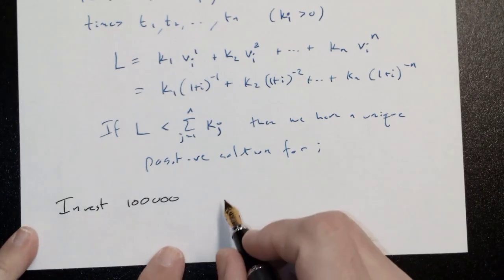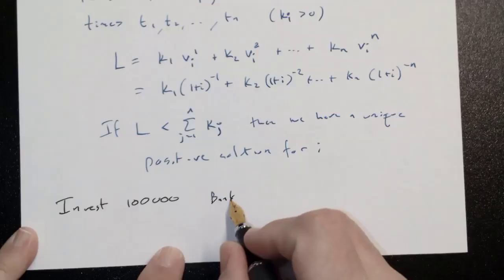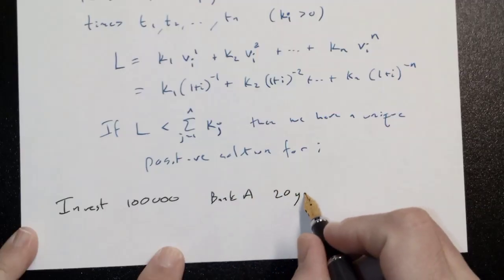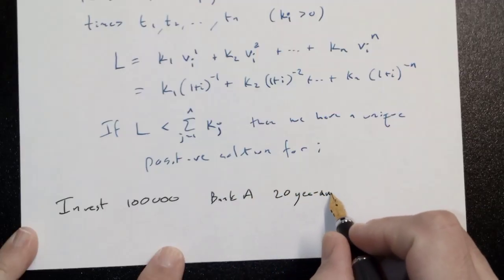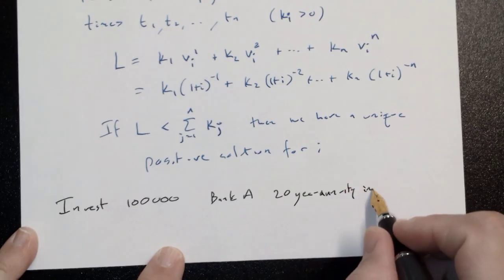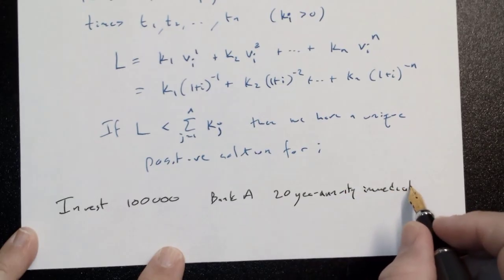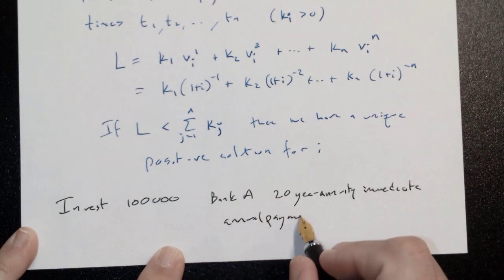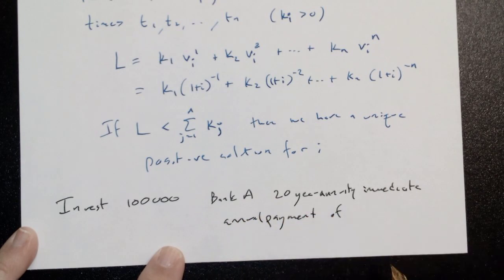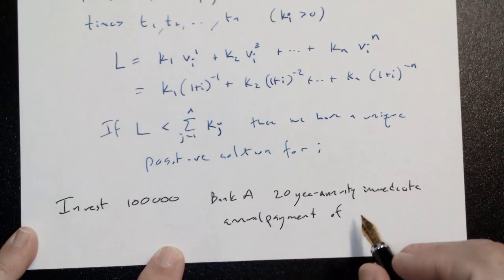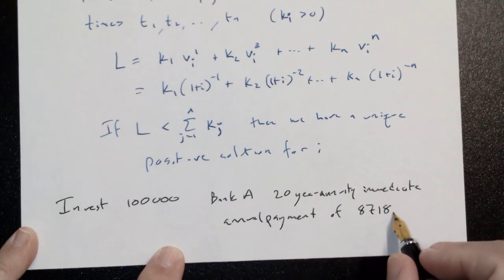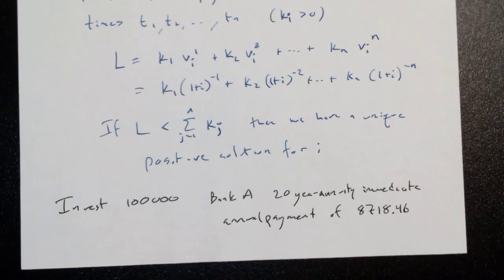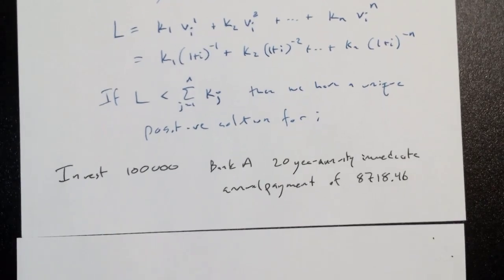One offers me a 20-year payment. Every year I'll get $8,718.46.